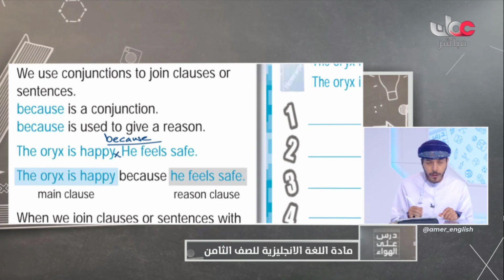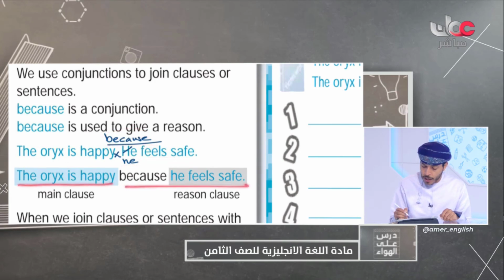And we delete the full stop here and we keep the capital H, he. Okay, so the oryx is happy because he feels safe. We have the main clause and we have the reason clause.